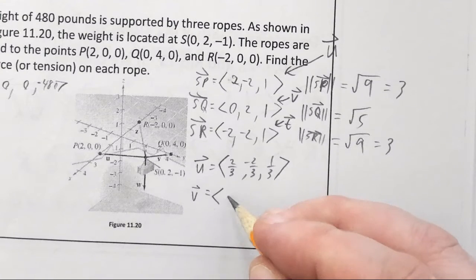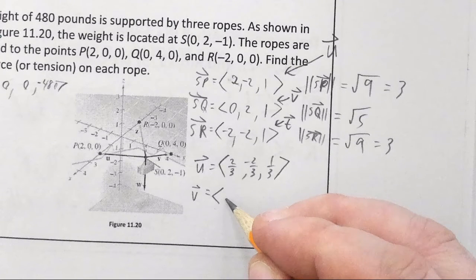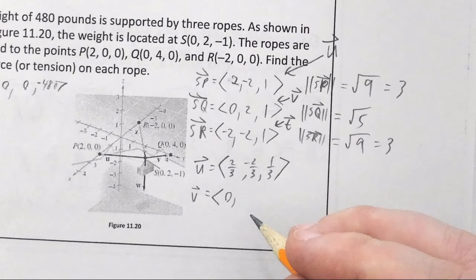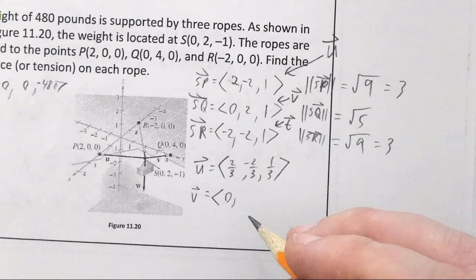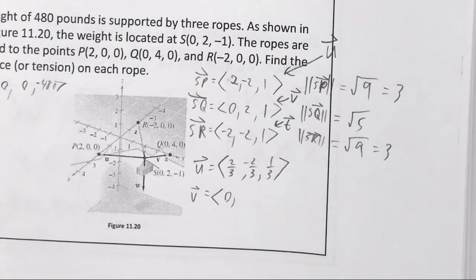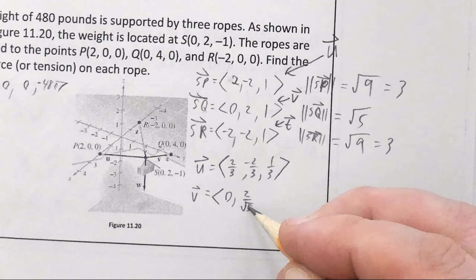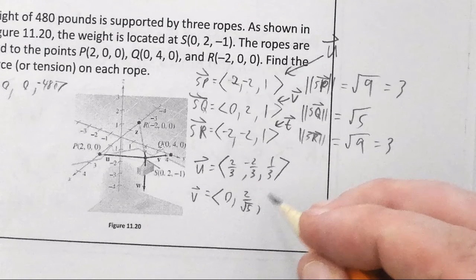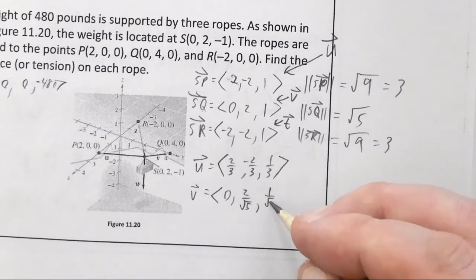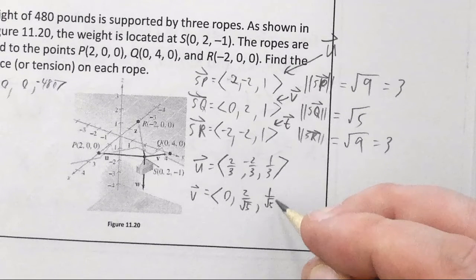What about for V there, S to Q? Now, actually, in this case, I'll leave it. I don't bother to rationalize those unless that's my answer, just because it's going to be easier with this most likely, and it's just less to write as well.